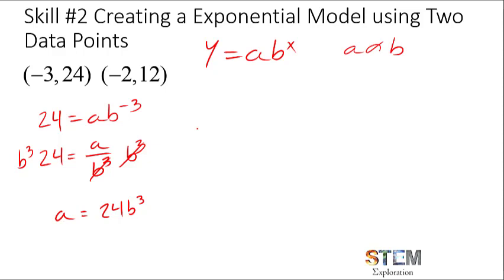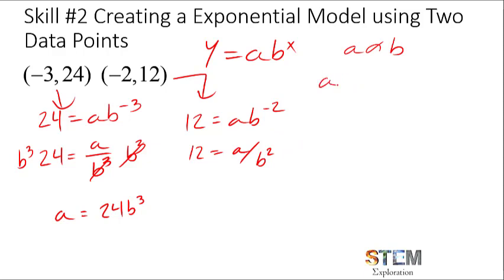I can't really do anything else other than that, but this is going to be useful, and I'll show you why. So that was using this data point. Now if we use this data point over here, and I say 12 is equal to a times b to the -2 power, I can do the same type of work. Rearrange it, because understand from our previous video series that if you have a to the -n power, this is the same thing as 1 over a to the n power.